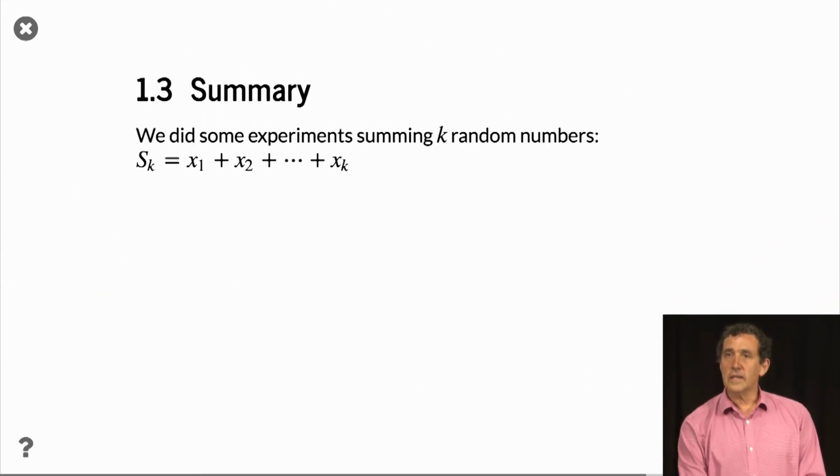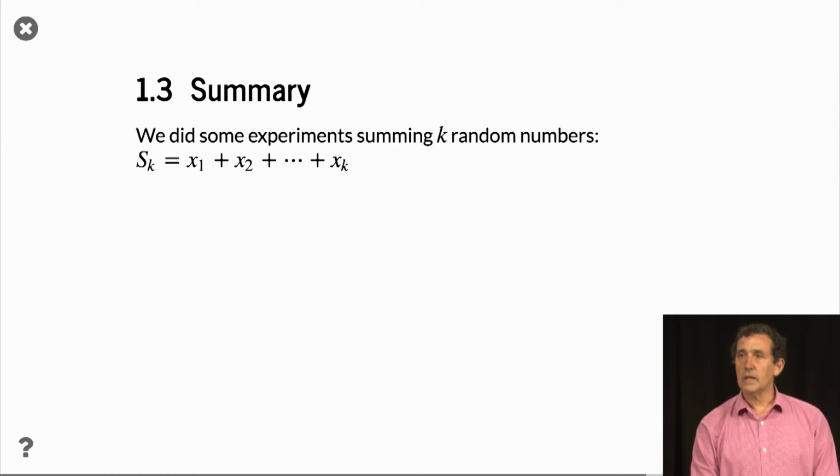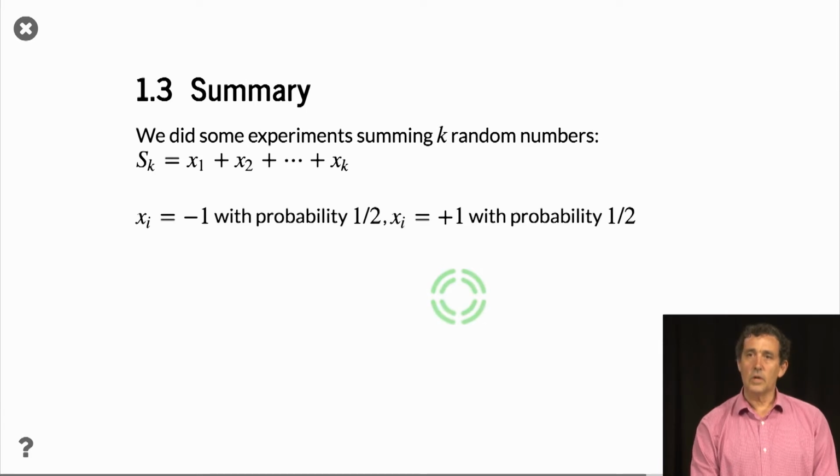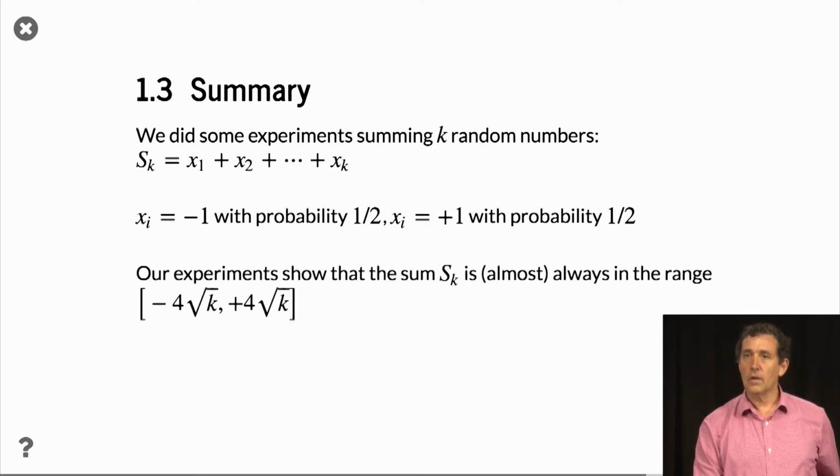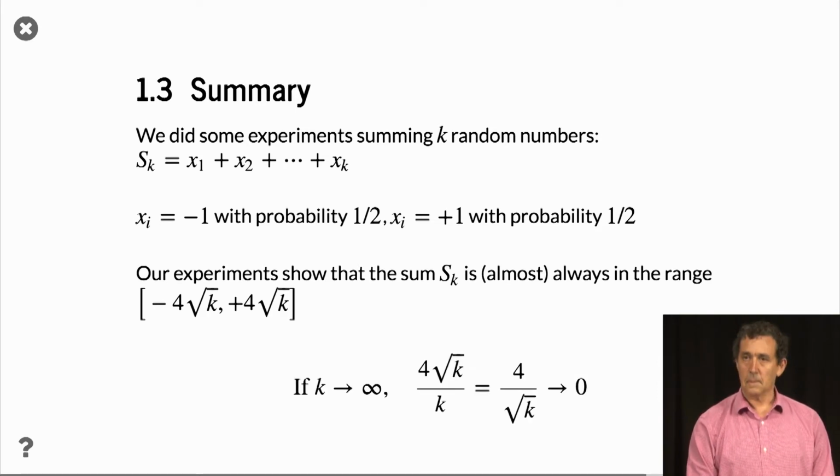Okay, so let's summarize. We did some experiments where we summed k random numbers that correspond to coin flips. So we had xi equal to minus 1 or plus 1 with probabilities half and half. And our experiments show that the sum is almost always in the range minus 4 square root of k to plus 4 square root of k. Okay, so we can write it this way.